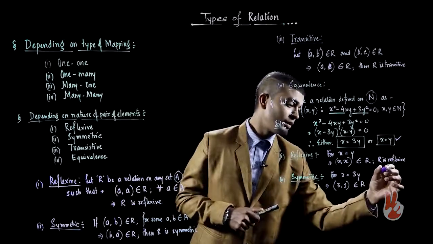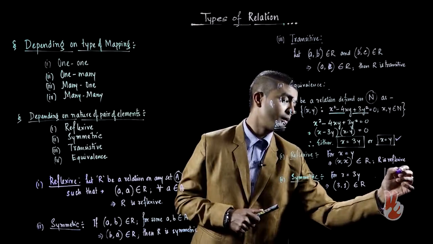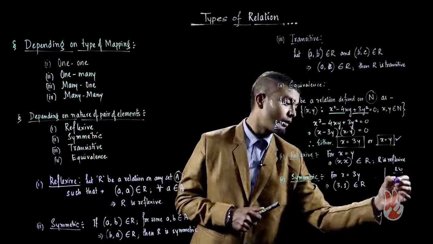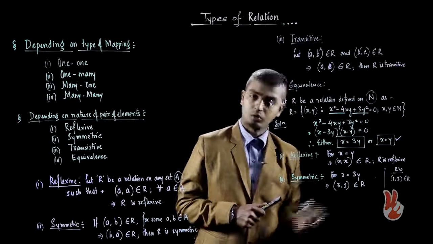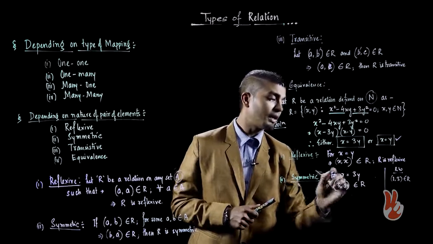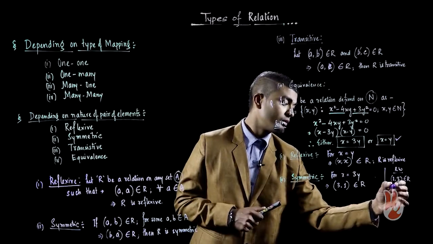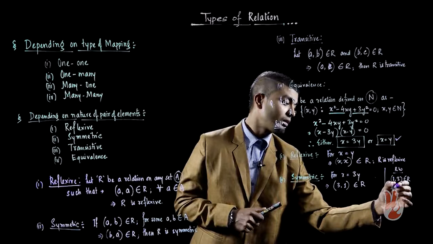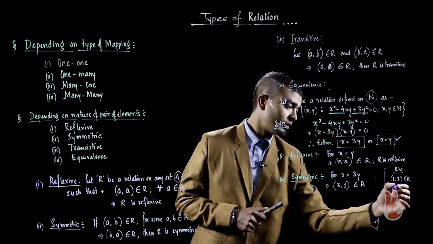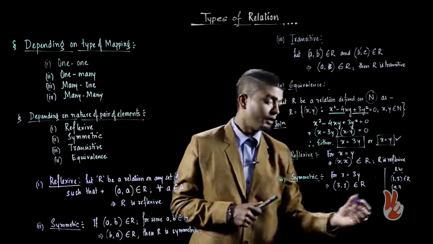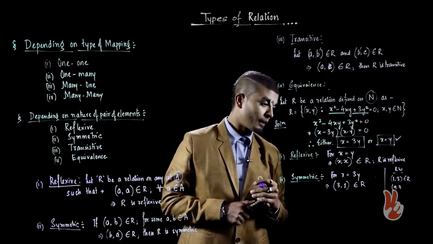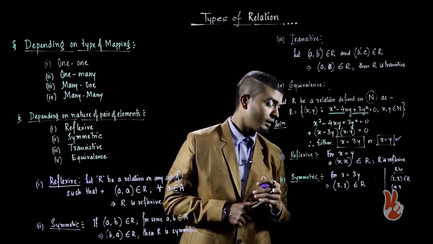So, you can easily use your rough work and cross check whether (1, 3) belongs to R or not. If you put y equal to 3 over here, then you will get x as 9, so you will get (9, 3), not (3, 1)... if you put y as 1 or 3, then you will get 9.